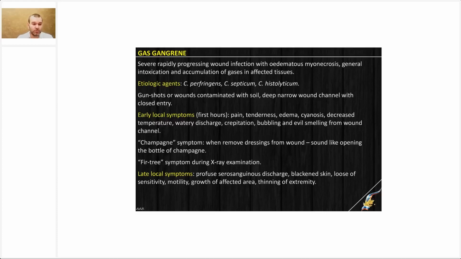The disease is usually transmitted through wounds which have a very narrow channel and obstruction of tissues at the entry, such as gunshots or wounds during traffic accidents or construction activity with plastic and nails. So it should be a deep and narrow wound.